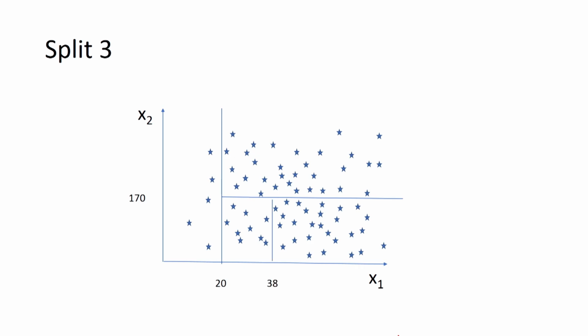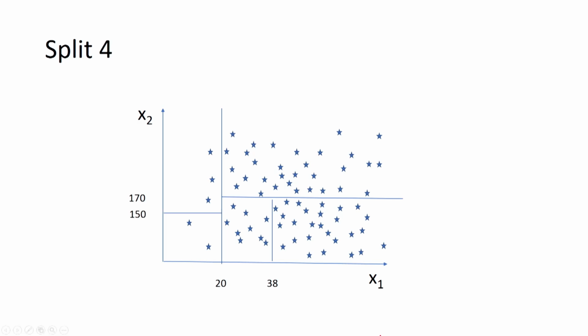After that, suppose we again divide this part into two parts using the rule x1 is less than 38 or x1 is greater than or equal to 38. So, this part represents x1 greater than or equal to 38 and this is x1 less than 38.